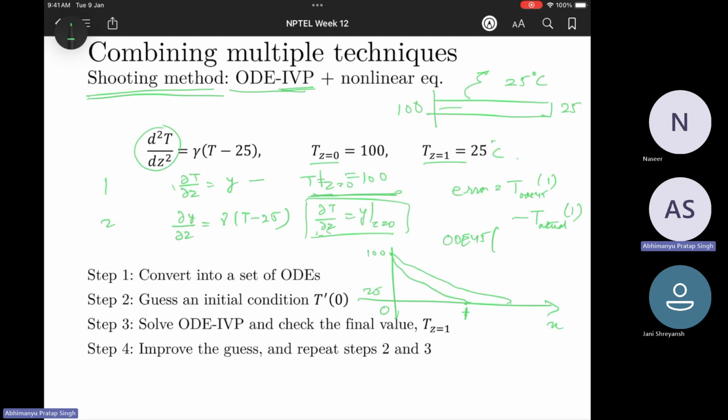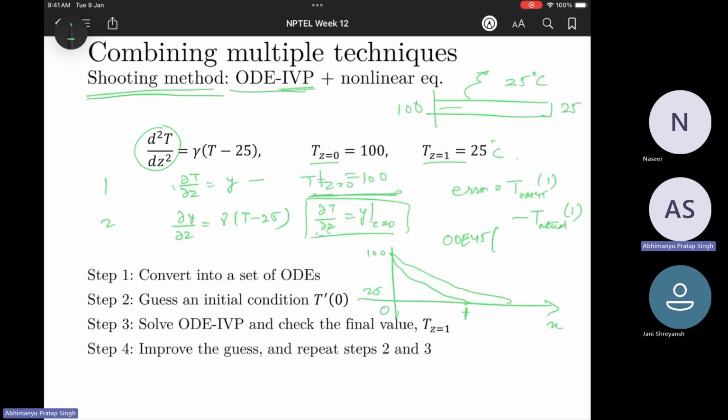We can choose different methods. Like we can choose the secant method, we can choose the bisection method, we can choose some gradient method, things like that. So what I will be showing you is the bisection method.